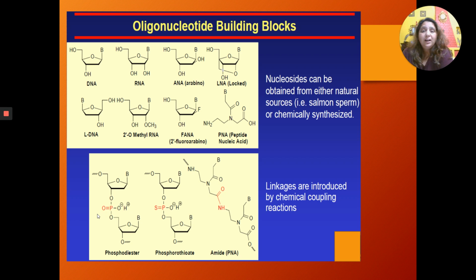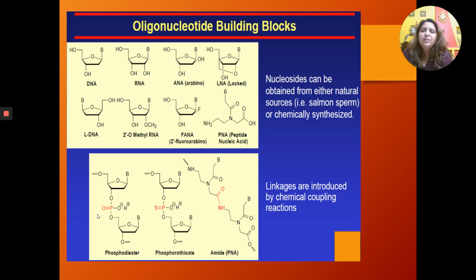So we need the building blocks for the synthesis of oligos, and the building blocks would be, for DNA, deoxynucleotides, and for RNA, ribonucleotides.